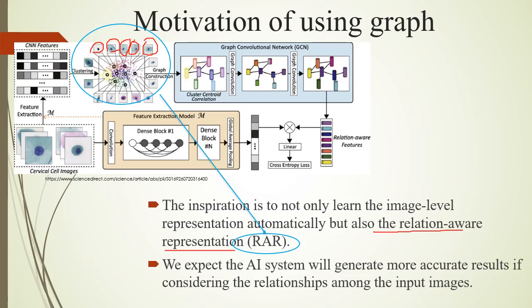So the inspiration for using the graph convolutional neural network is to not only learn the image-level representation, but also learn the representation between different images. And why are we using it? Because we expect the AI system using the graph will generate more accurate results if we consider the relationship among the input images.